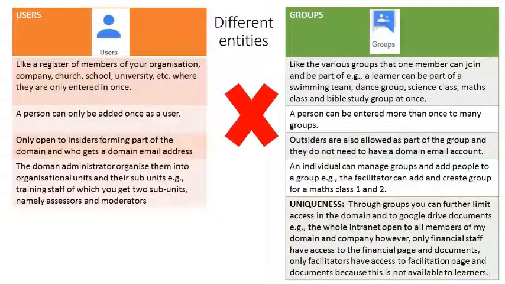Users and groups can be differentiated in the following way. Users are like a register where you enter members of your organization, company, your church, your school, or university. You enter them only once into that register. On the other hand, people belong to maybe the school, a learner can be part of a swimming team, a dance group, a social science class, a maths class, all these groups, Bible study groups.